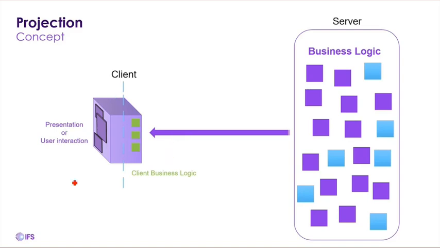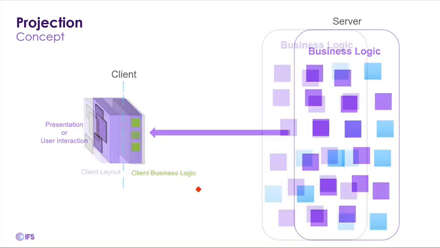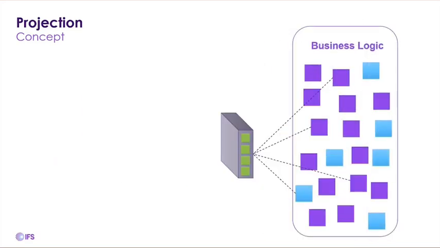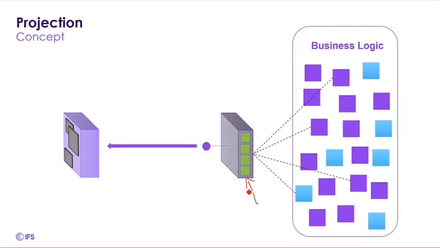But this was not very good in terms of separating the client business logic from user interaction. That is why in Arena, we have separated the client business logic from the user interface. And to represent the client business logic, we have introduced the projection, which in fact will be represented by a web service endpoint.